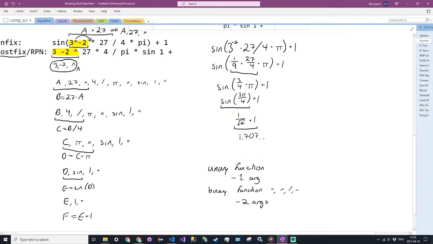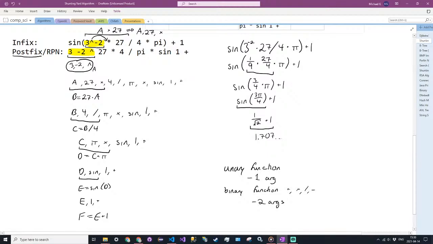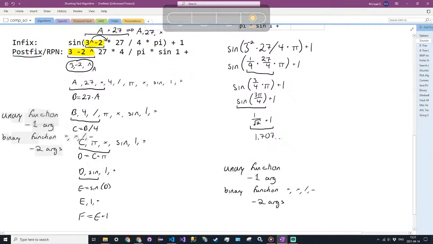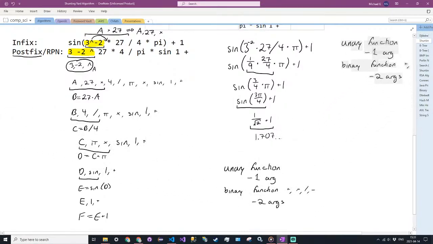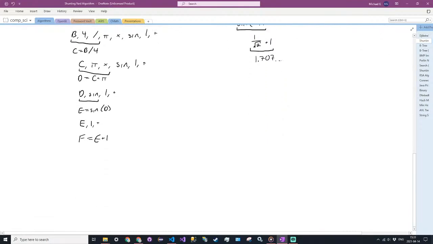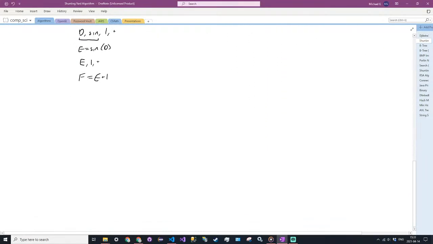Because the evaluation will turn out to be just a tree traversal, which is pretty cool. So let me bring this over here, and I will copy this once again, and then we will build the tree now, as opposed to just evaluating it by hand.